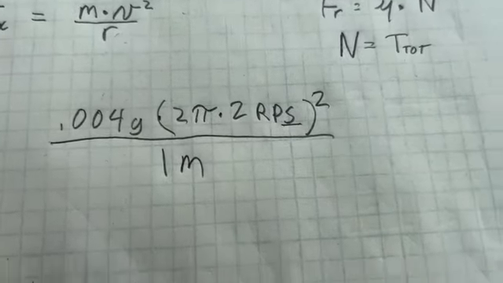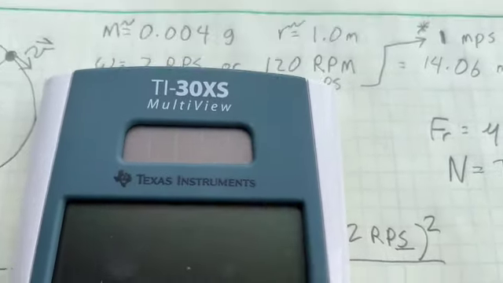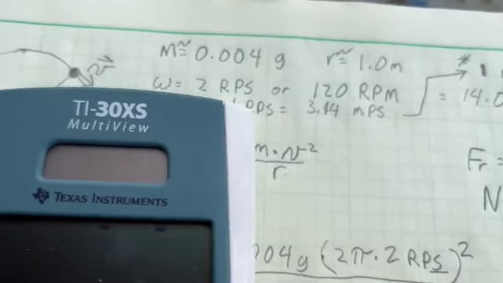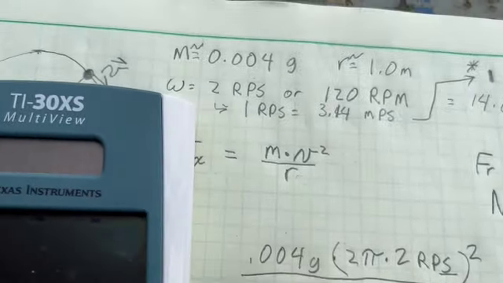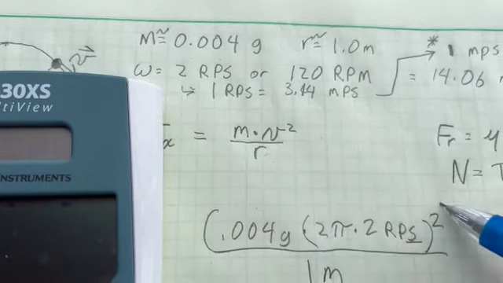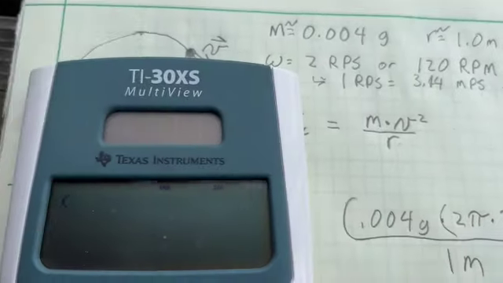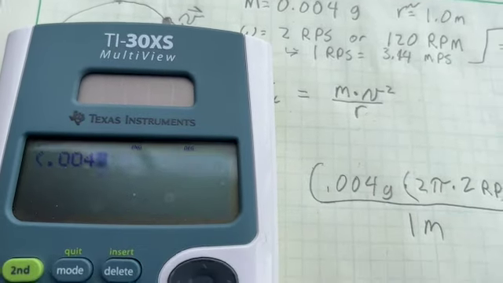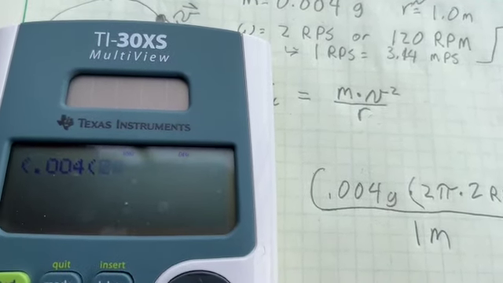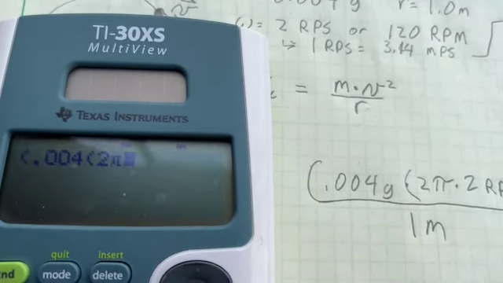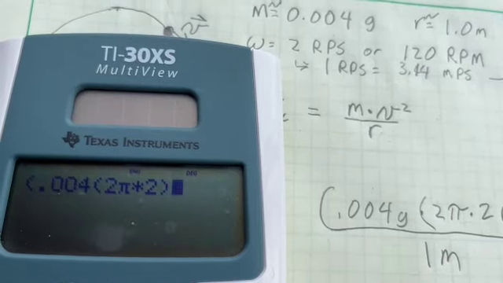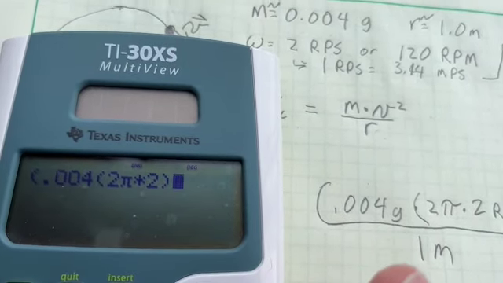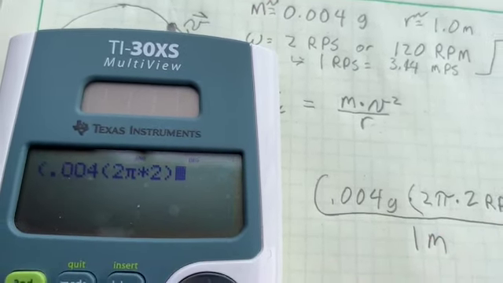Now, this all being so many numbers, I did bring a handy dandy little calculator with us. So let's see what we have here. I'm putting parentheses up over the numerator. So what I'm putting in the calculator is going to look like this. All right. 0.004 times 2 pi times 2 revolutions per second, squared.